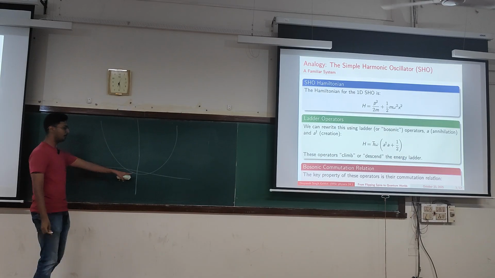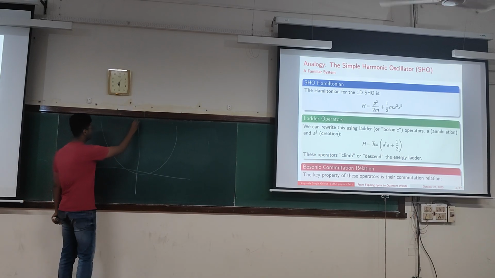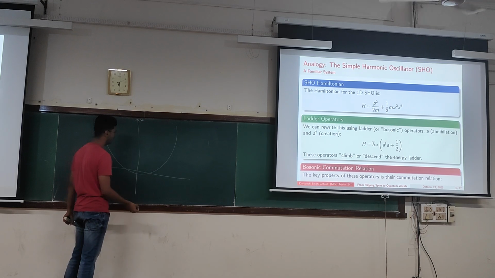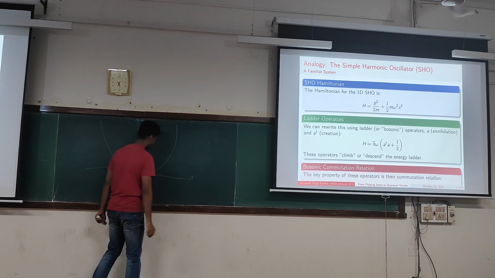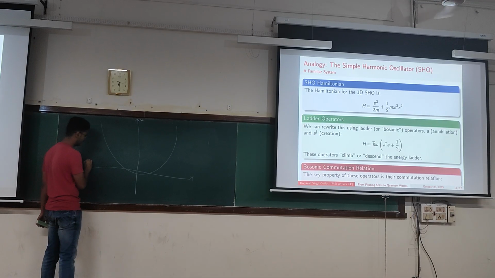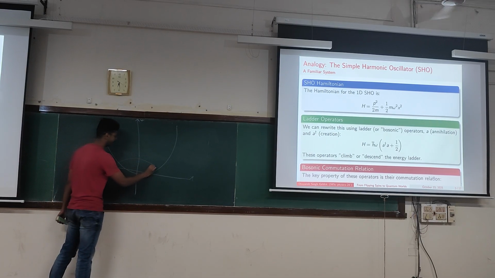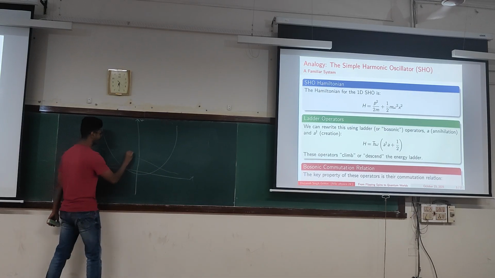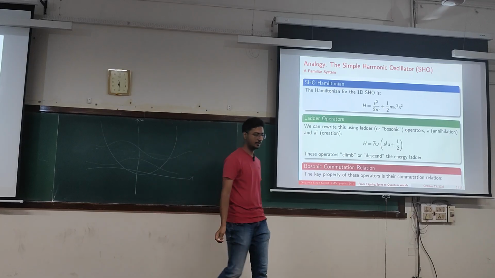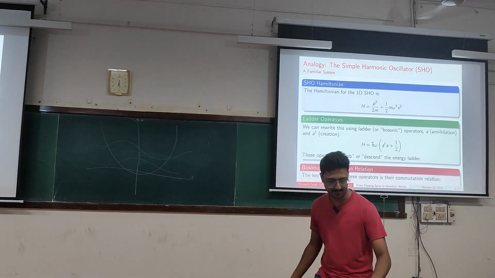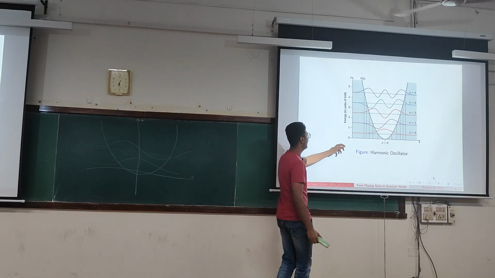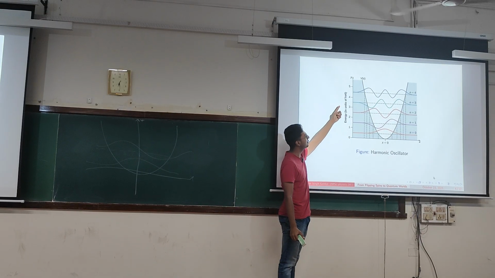When we solve this harmonic oscillator, this is our potential curve. I am plotting psi, and this is x. We get solutions of the harmonic oscillator like these: the ground state, first excited state, second excited state, with n equals 1, 2, 3, 4 and so on.